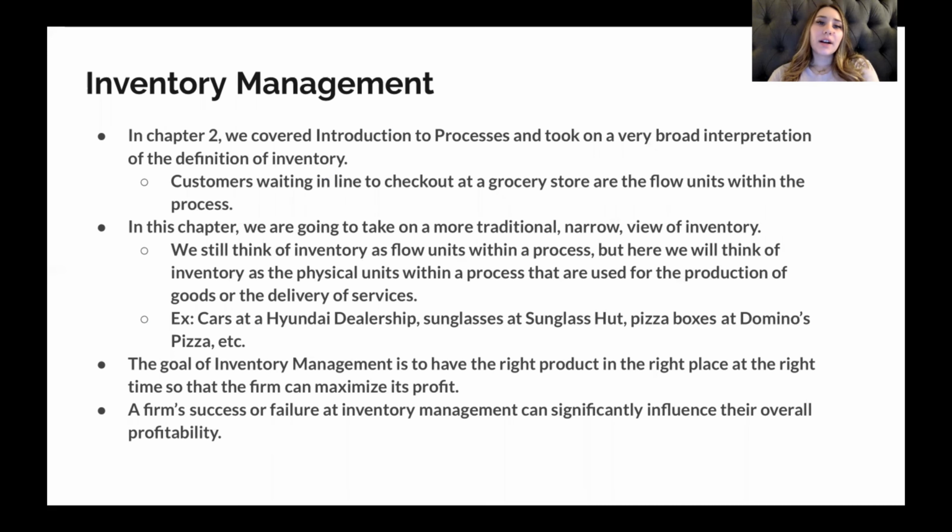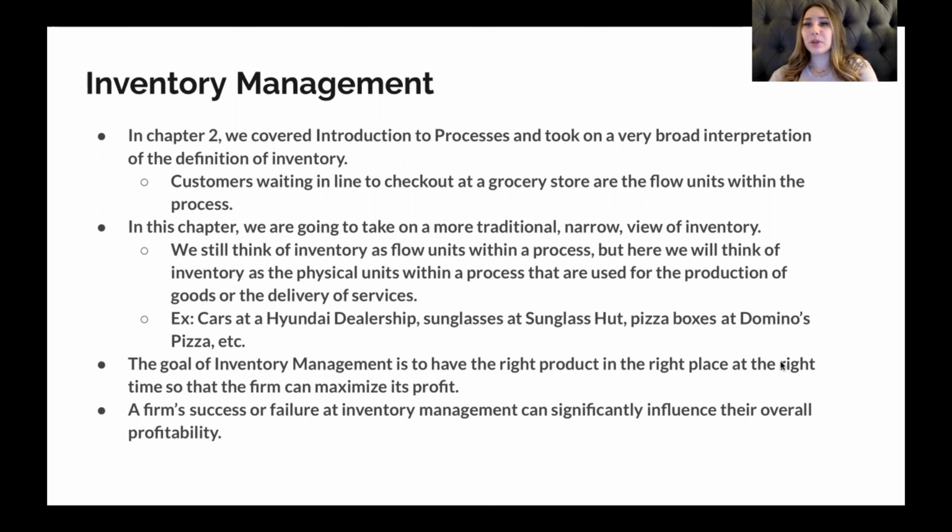So previously we touched base on introduction to processes in Chapter 2. And in this chapter, we learned about a really broad interpretation of the definition of inventory. An example of that would be customers waiting in line at a grocery store. They were those flow units, they were that inventory piece in that process.